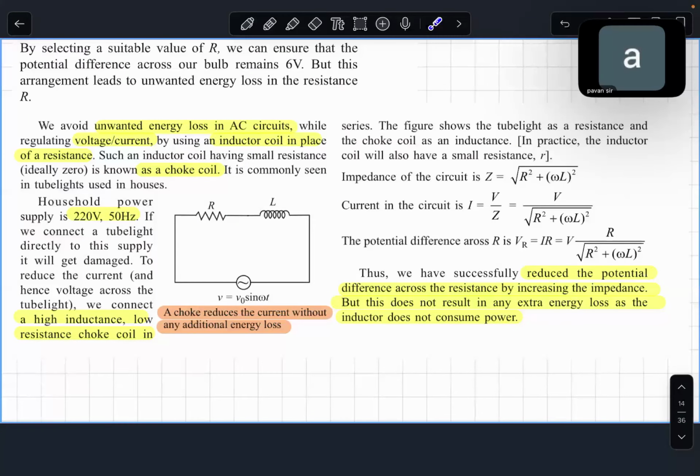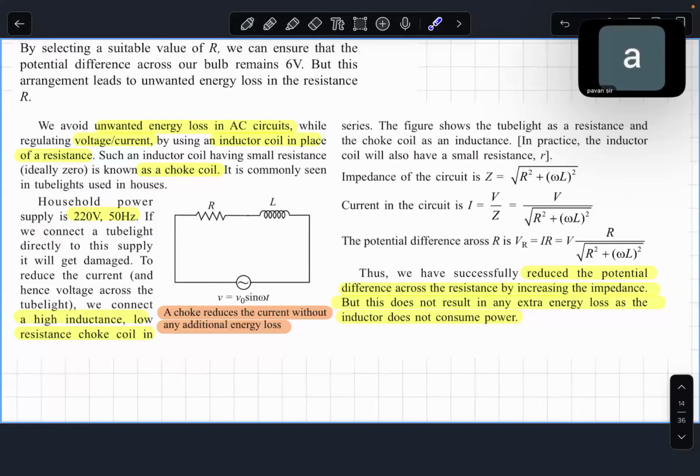By increasing the value of L, thereby increasing omega L and Z, you can reduce the current. By reducing the value of L, thereby reducing omega L and Z, thereby increasing the current, you can increase the brightness of the bulb. Except the bulb, in the rest there is no loss. Any doubts? Please go through this.